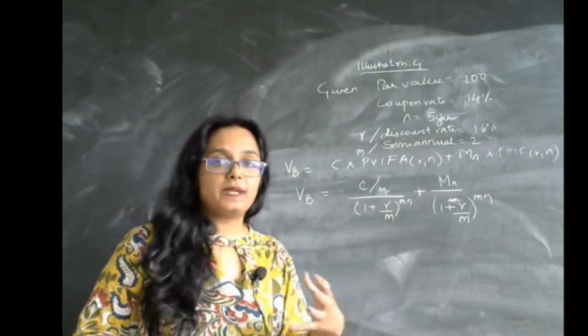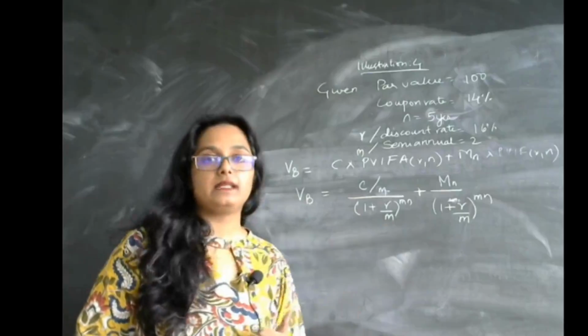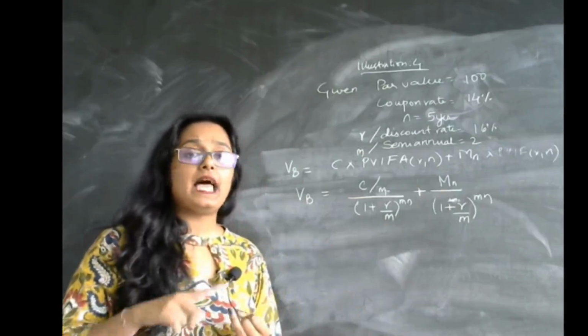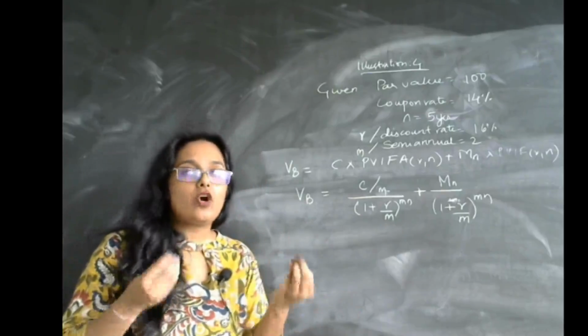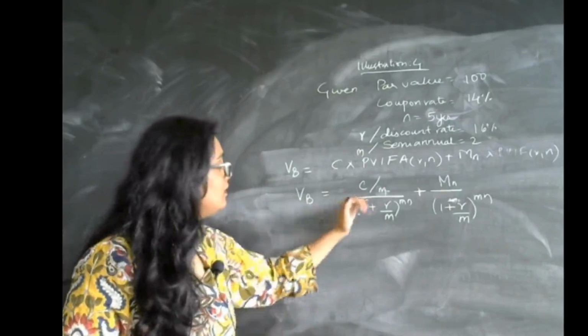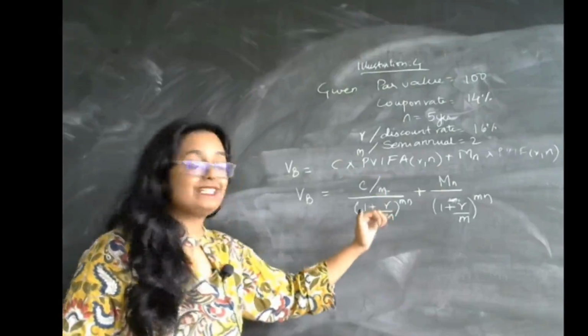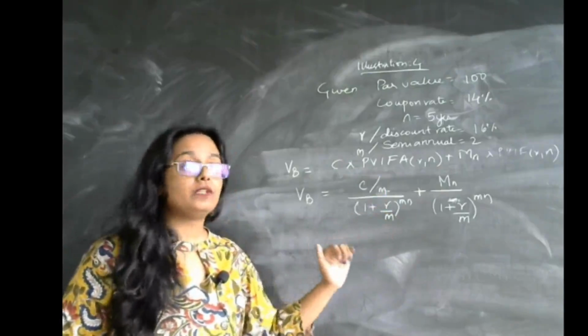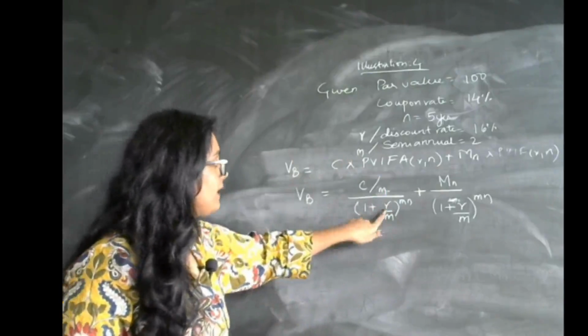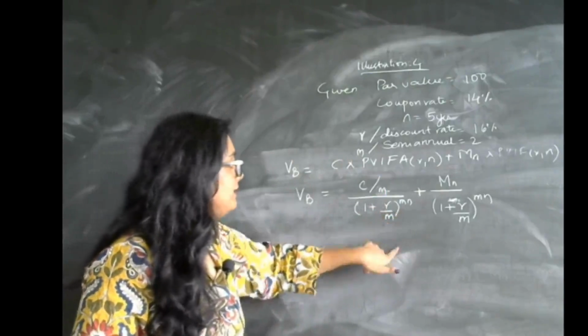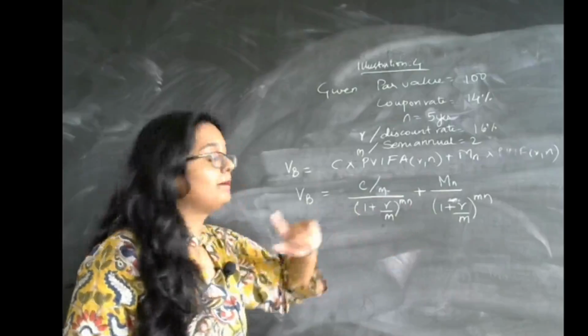If the interest paid by the company on the bond is semi-annual, weekly, daily, quarterly, anything like that, we are going to change the formula as we did in compound interest. The same thing we are going to do over here: divide the R by M, and the number of years is multiplied by M.